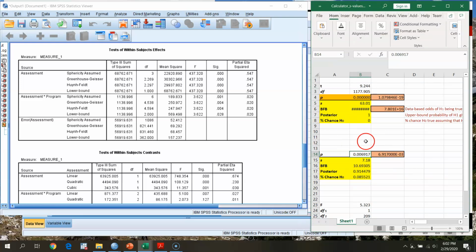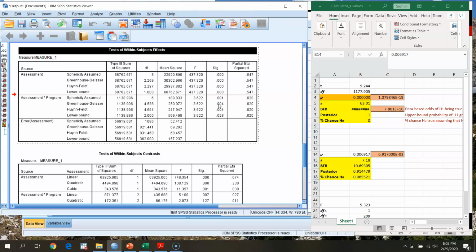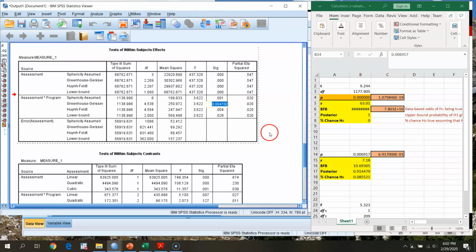Calculate an S value and a Bayes factor. I go through and I double click and capture that. Okay, so this is going to give me an S value of 8, right?